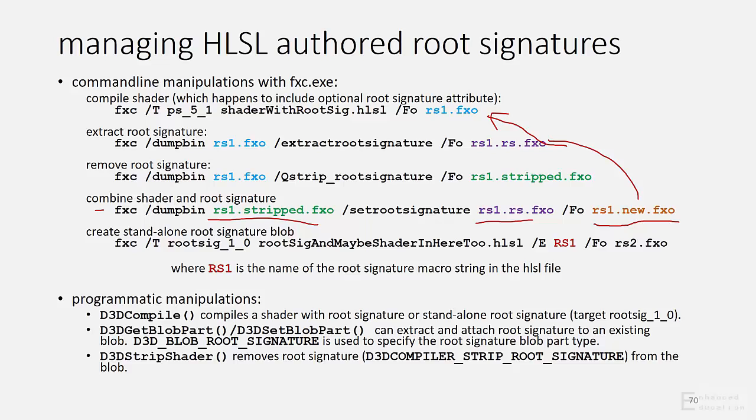And finally, if you just want to compile a standalone root signature directly from a shader program, there's a shader target called rootsig10 that will just compile the root signature into a binary, and in this case, you identify the name of the pound define for the root signature here.